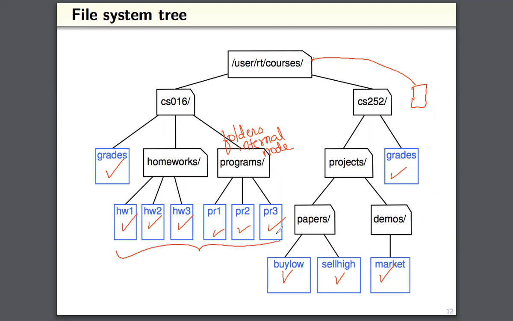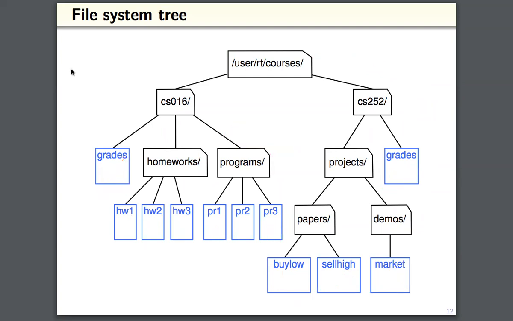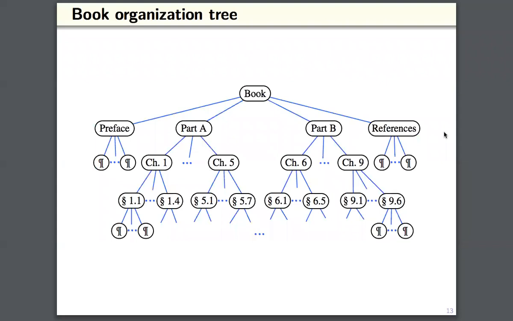So these are leaf nodes. Leaf nodes are files, right? Okay. So for all operating systems, file systems are implemented as trees. So whenever you are working with file systems, you will have to use these tree traversal algorithms and many algorithms that you use for trees.